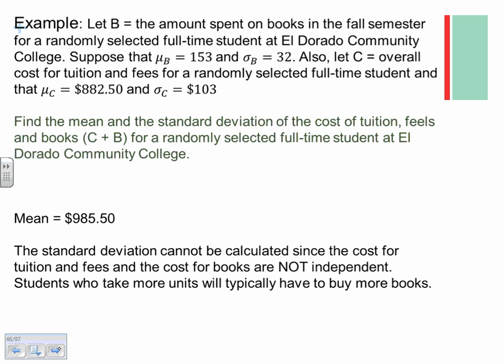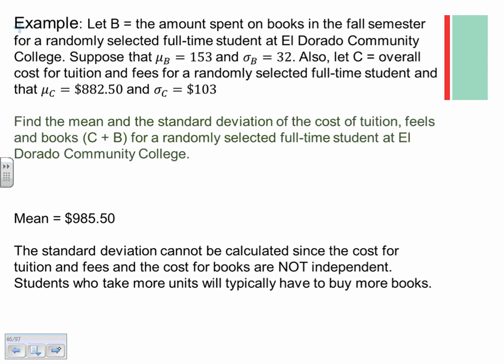All right, so let B be the amount spent on books in the fall semester for a randomly selected full-time student at El Dorado Community College. Suppose that mu sub B is 153 and sigma sub B is 32. Let C be the overall cost for tuition and fees for a randomly selected full-time student, and that mu sub C is 882.50, and the standard deviation sigma sub C is 103.